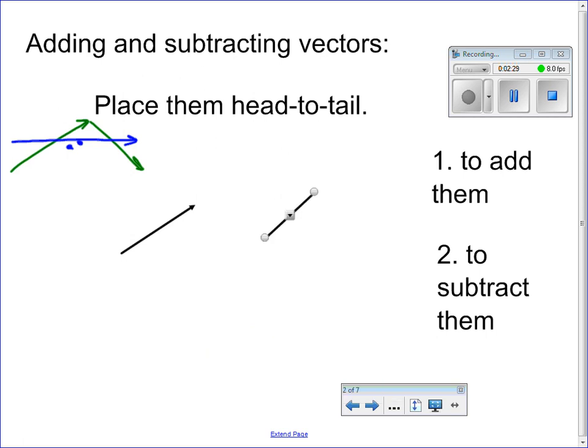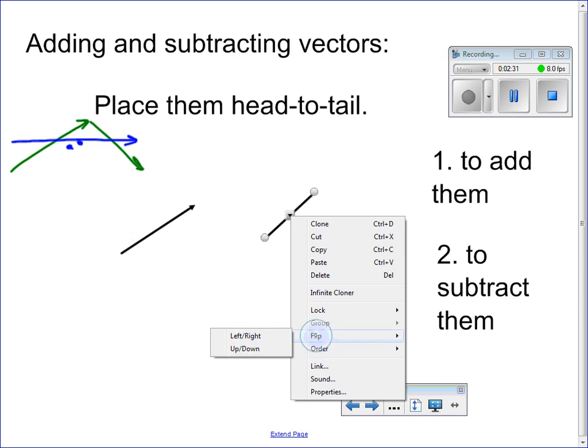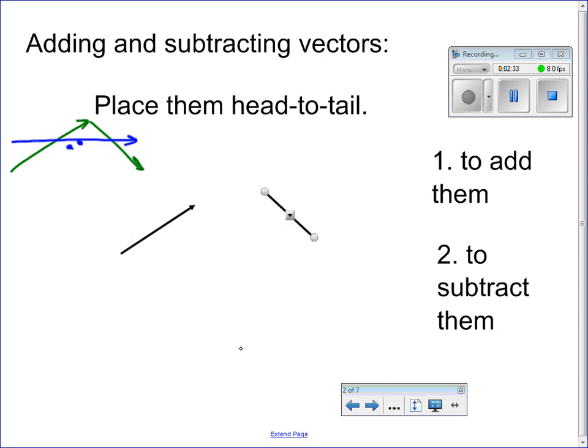I think we have to flip it twice. There we go. So this would be a negative version of the same vector. And if it's a negative version, we can add it to the other vector, and it's the same effect as subtracting it. We'll come back to that.